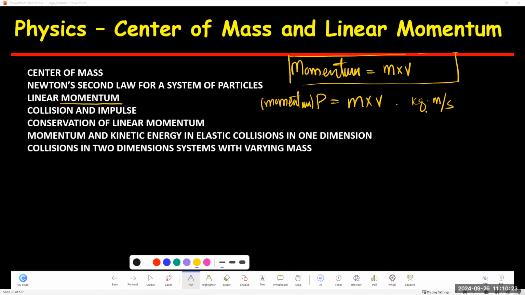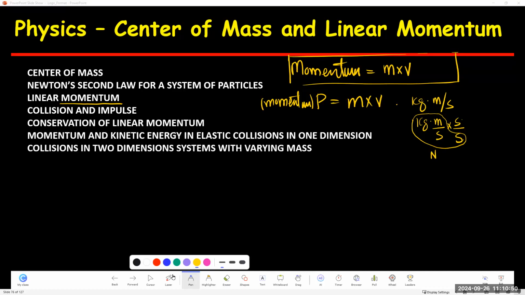Kilogram meter per second. And if I want to do one more thing, I can take kilogram meter per second, I can multiply by second, I can divide it by second. I can do this, right? Divide it, multiply by second. So this whole thing can be represented by Newton.